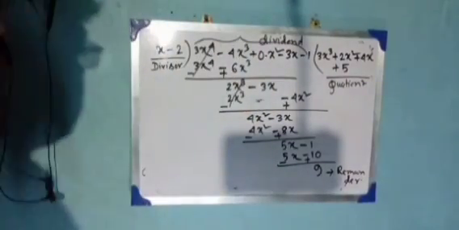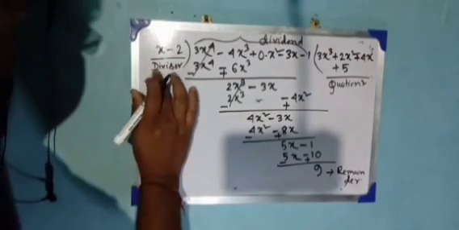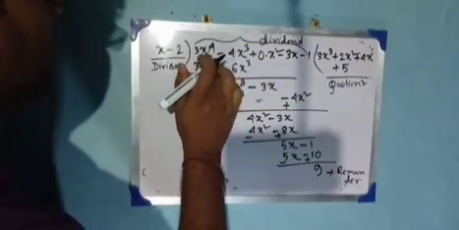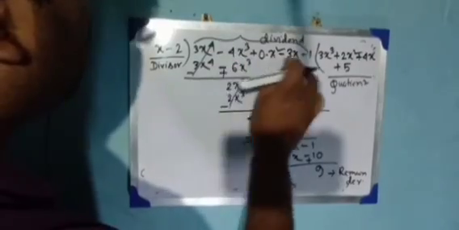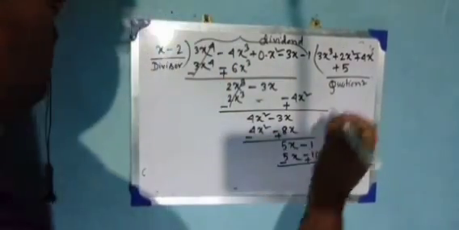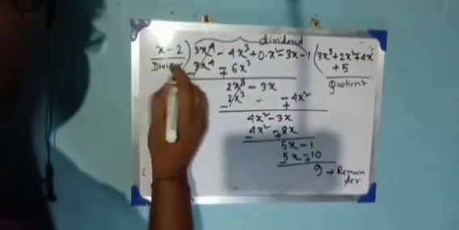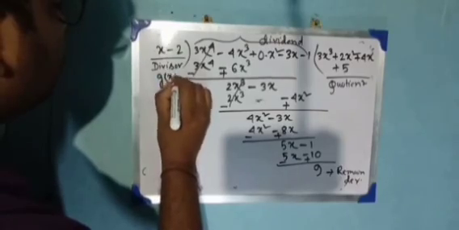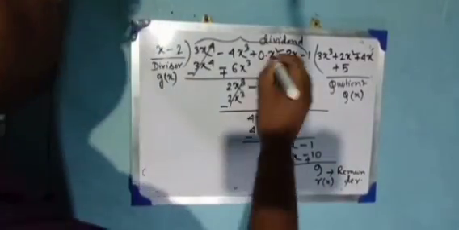Understand it? So now we have to verify whether this multiplied by this plus this is coming this or not. So the divisor polynomial, this is my gx, this is my qx, this is rx, and this is px.